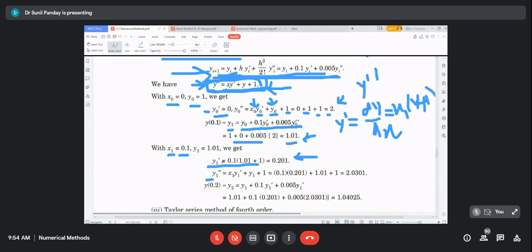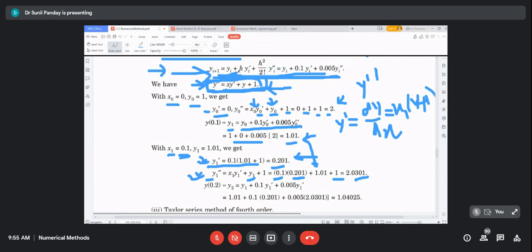So y1 dash is actually calculated here, 0.201, x1 is 0.1 from here, and y1 is from the previous step, and the 1 is in the definition of y double dash x. So after simplification you have y1 double dash. Now you have y1 double dash and y1 dash also. So then you can substitute in this formula.